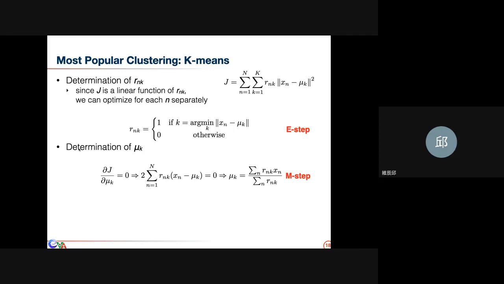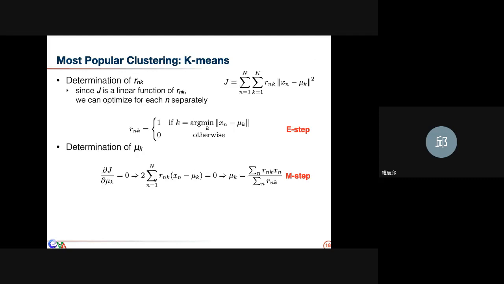And then in the other step, because previously in the E step we tried to estimate r_nk, in the next step we keep r_nk fixed and optimize for mu k. Given this objective function, this distortion measure, I compute its partial derivative with respect to mu k and make it equal to 0 in order to find the optimal solution of mu k.